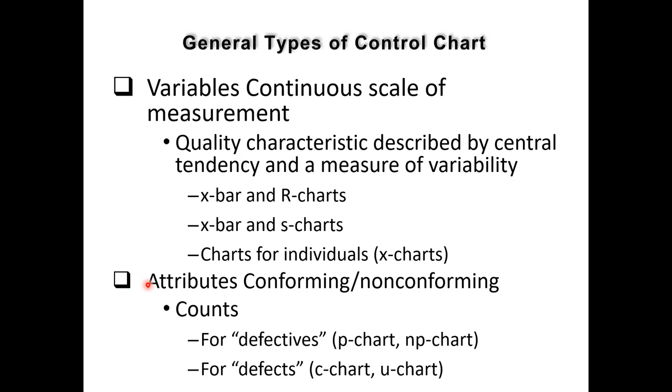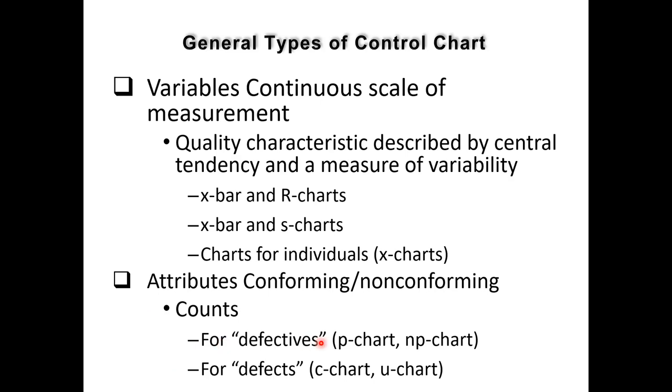This is what you call a non-conforming or conforming control chart, which deals with the number of conforming or non-conforming items. This is used because your quality characteristic is based on counts, attribute data which come in terms of counts.